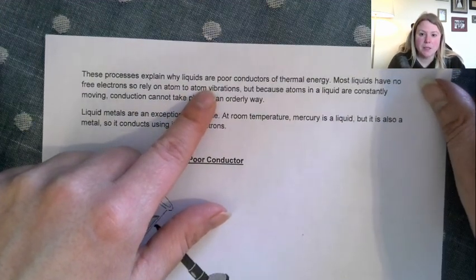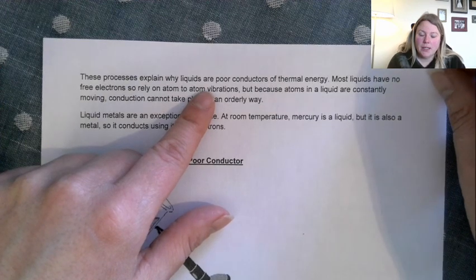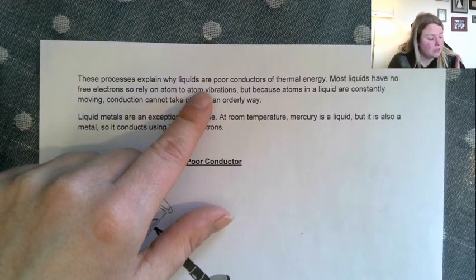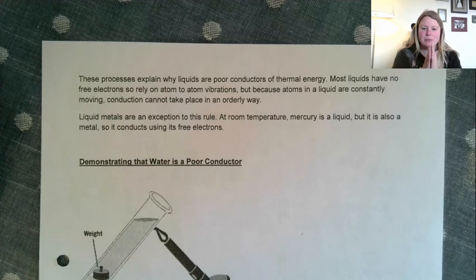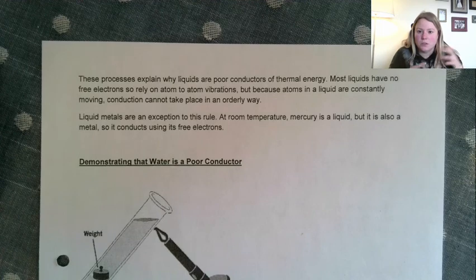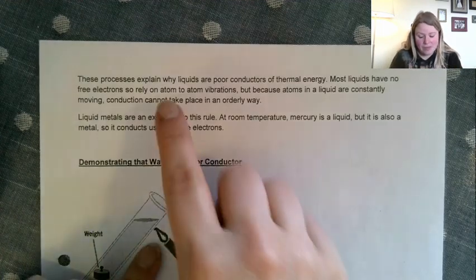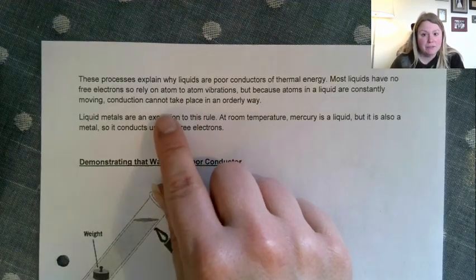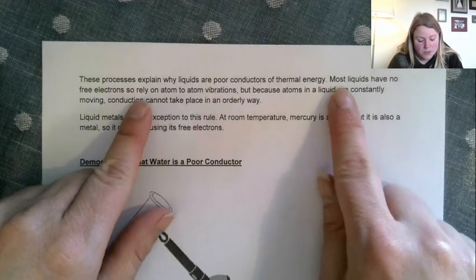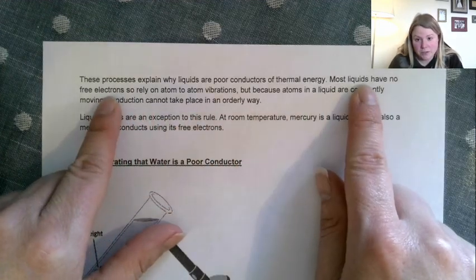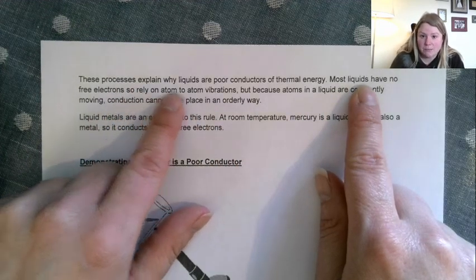Because if you think back to the first thing we said about how conduction happens, the particles need to be really, really pressed quite close together, because then this one starts to vibrate and knocks into this one, and so on. In liquids, the particles are more spread out from each other, so that's not going to happen. And very, very few liquids have free electrons. So most liquids have no free electrons and so rely on atom to atom vibrations.